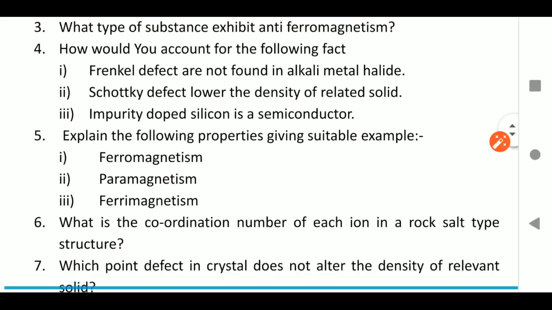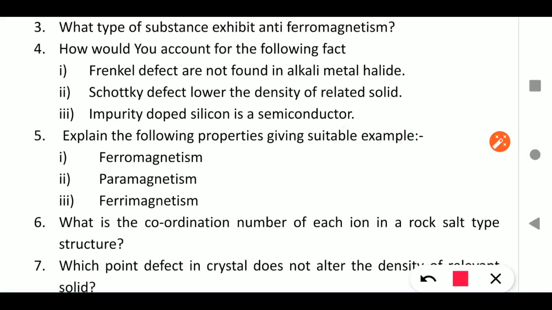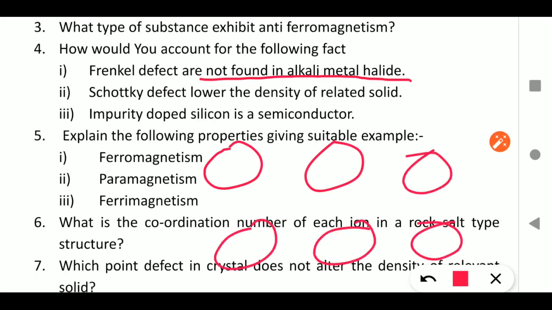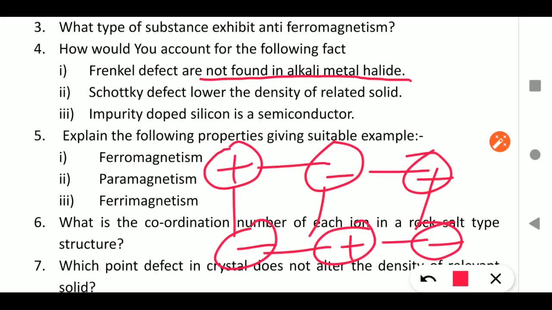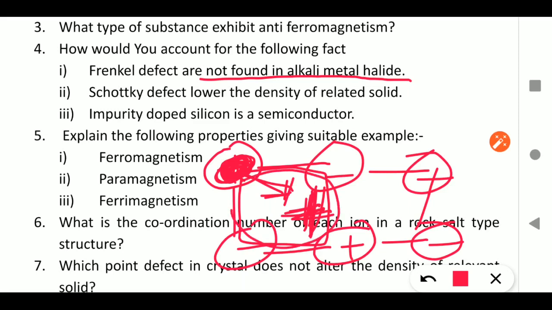How would you account for the following fact? Frenkel defect is not found in alkali metal halides. What is Frenkel defect? Suppose these are opposite ions, plus minus plus minus. This is the structure of the solid. In Frenkel defect, a cation is dislocated from its site to an interstitial site. It comes into this area, known as the interstitial site. Only a small cation can move to this interstitial site, because a large cation cannot fit in this area.